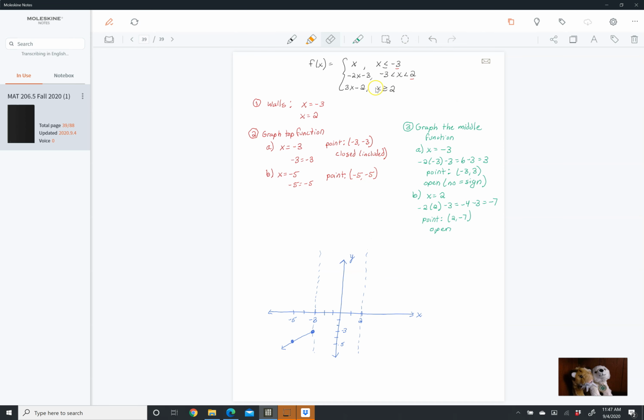So we could plot it. So let's just put in the extra numbers. So this is negative 7 down here. And then we also have to go up to 3.